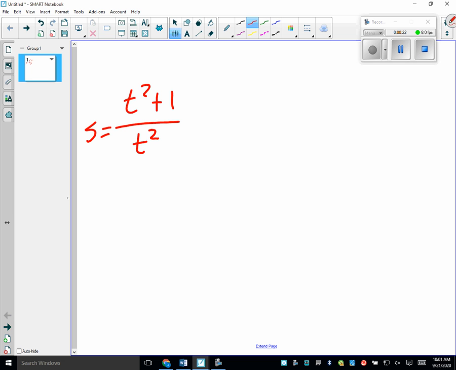You have two choices. You can do quotient rule. What did you do? I think I did quotient. Okay, so what's the quotient rule? The bottom times the derivative of the top. What's the derivative of the top? 2t.